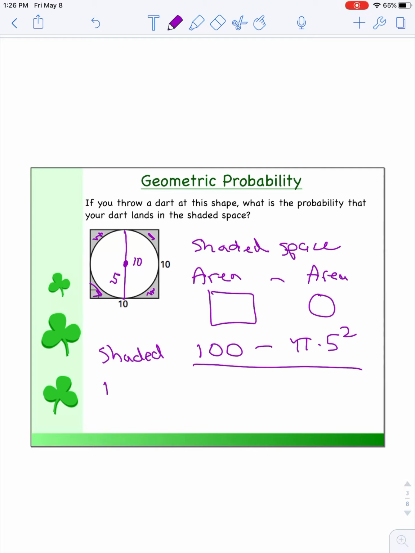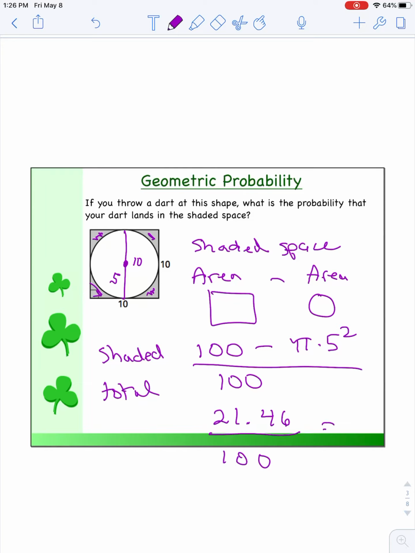And I divide that by the total area. So what's the total area where it could land? Well, that's just the 10 by 10 square of 100. So if I take 100 and subtract 25 pi, that gives me 21.46, all divided by 100.